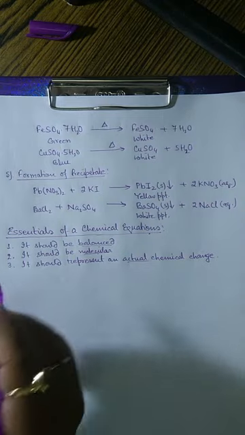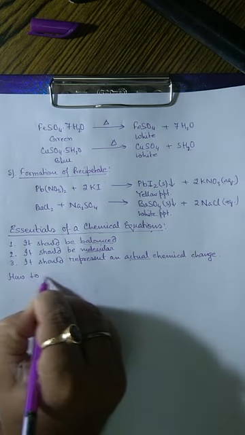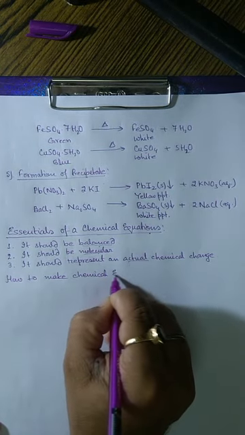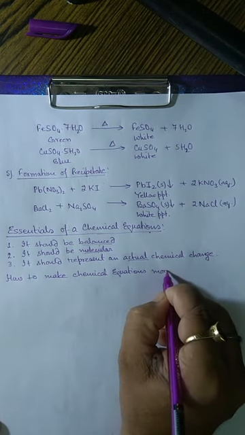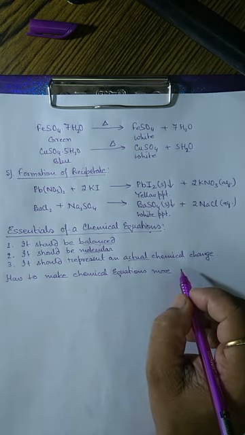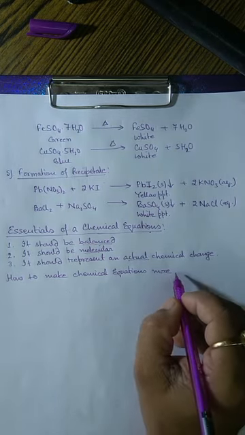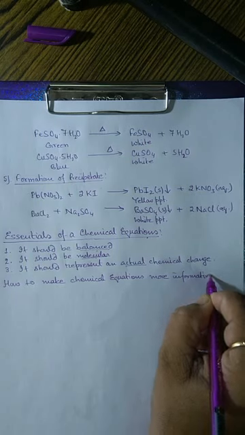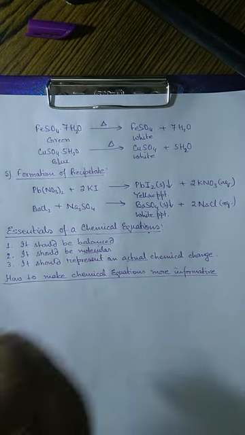Now, how to make chemical equations more informative? More informative means how should we know the physical state, or the heat changes, or the conditions under which the reaction takes place. It must be done in three ways.